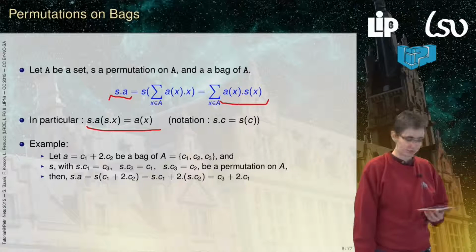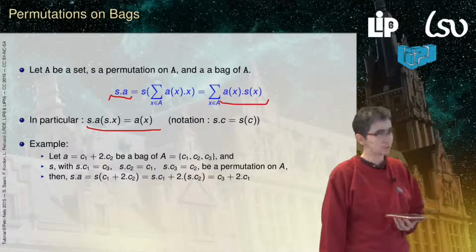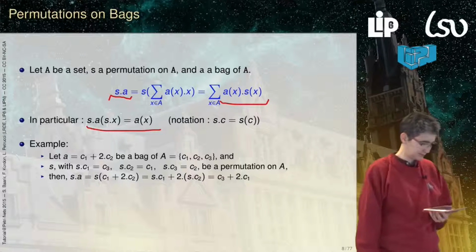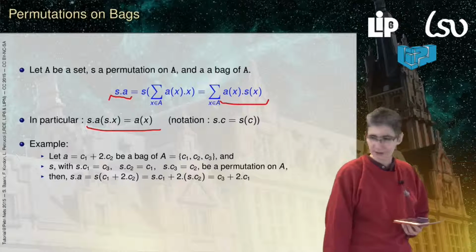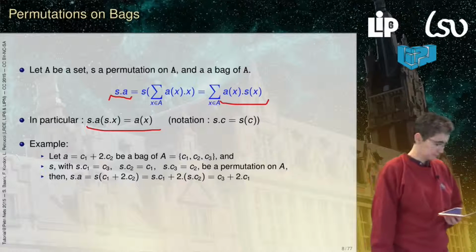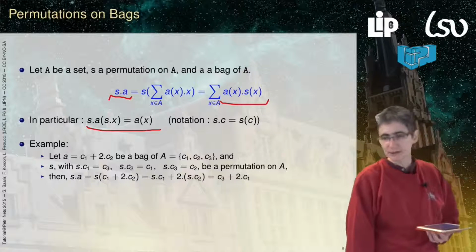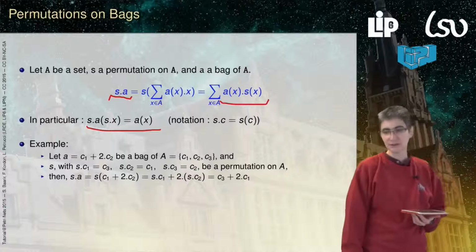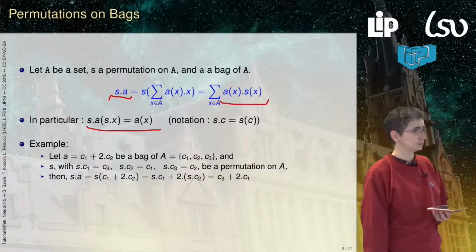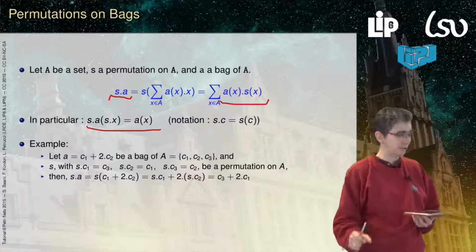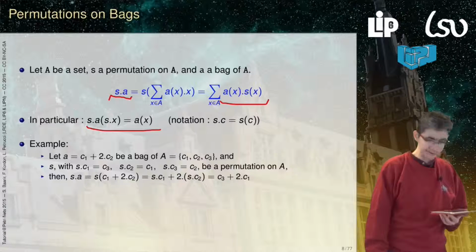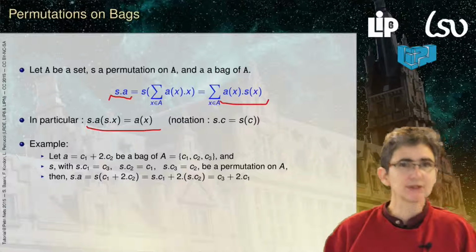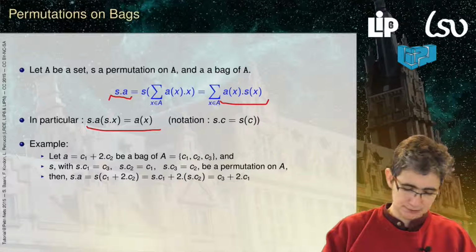Let's take a permutation S such that C1 becomes C3, C2 becomes C1, and C3 becomes C2. If we apply this permutation to the bag A, we obtain S of C1 plus 2 C2. That is S of C1 plus 2 S of C2, because you can apply it to the individual elements. And that is C3 plus 2 C1. Right. So it's quite easy. Okay.